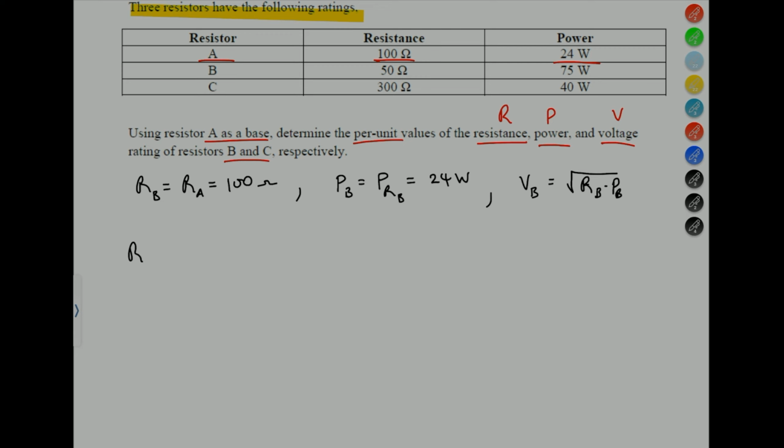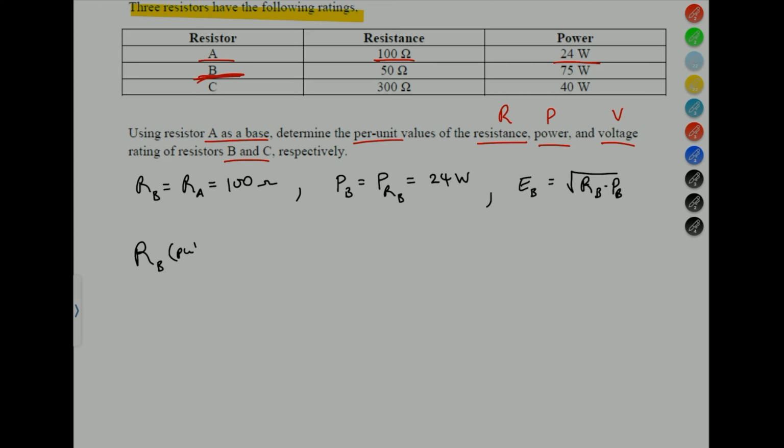Let's change this to E. Let's just keep it that way. So let's go R. We know that we're talking about the resistor B.